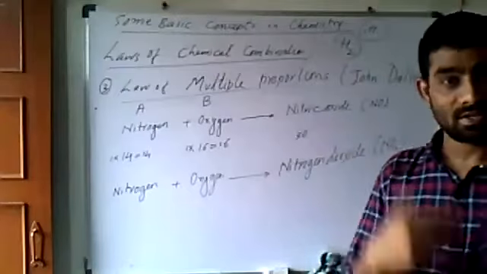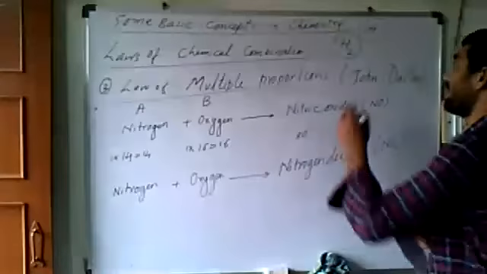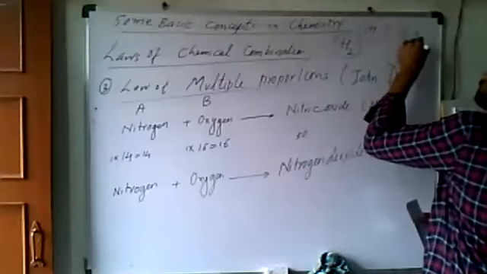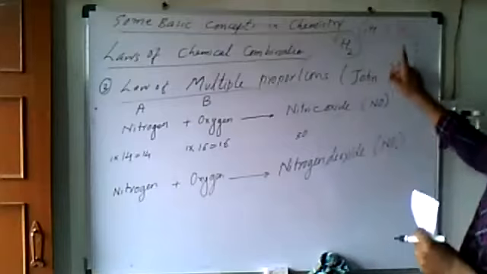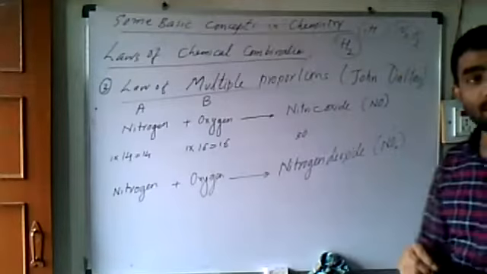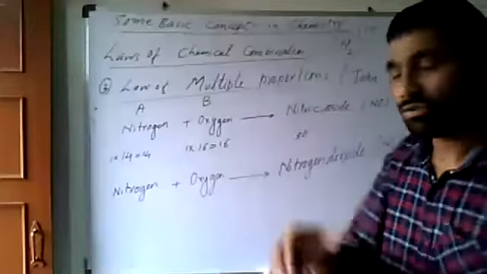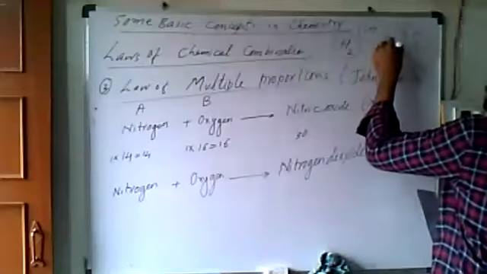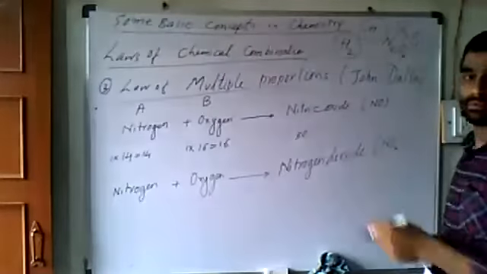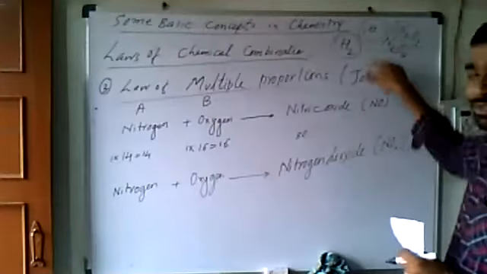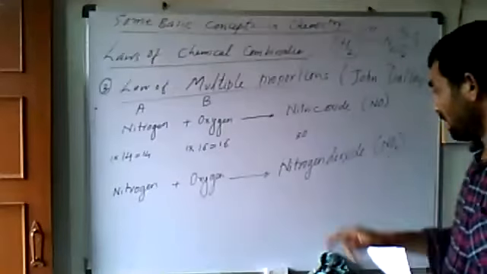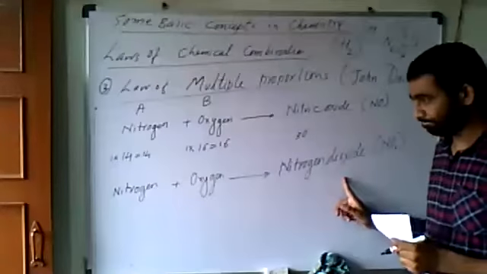Dinitrogen trioxide, N2O3. Another is dinitrogen tetroxide. Tetra means 4, di means 2. So like this, we can go on, okay.